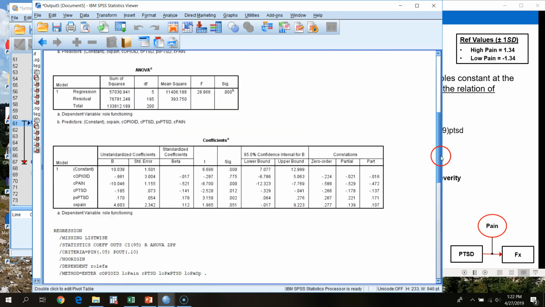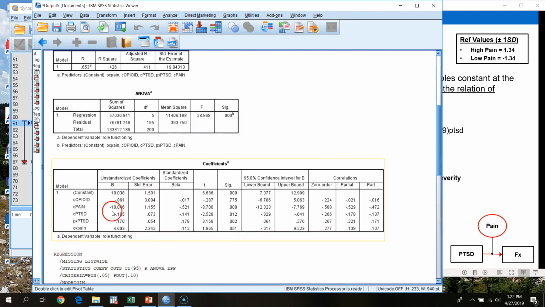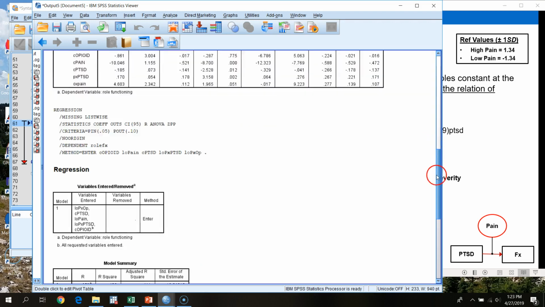Now, up here in my base model, my conditional effect of PTSD is looking at the unique effect of PTSD on role functioning at average levels of pain, controlling for opiate use. And that's negative 0.185, which is statistically significant, right? So this is the conditional effect of PTSD at average levels of pain, controlling for opiate use.